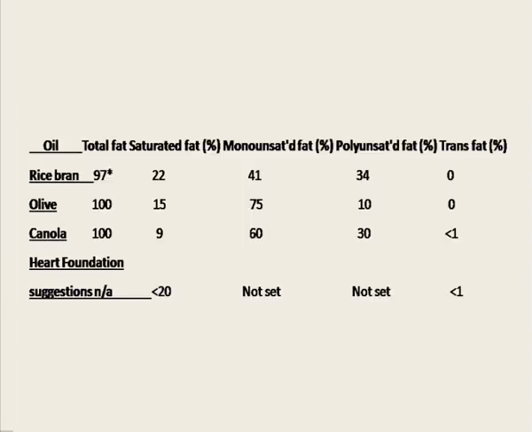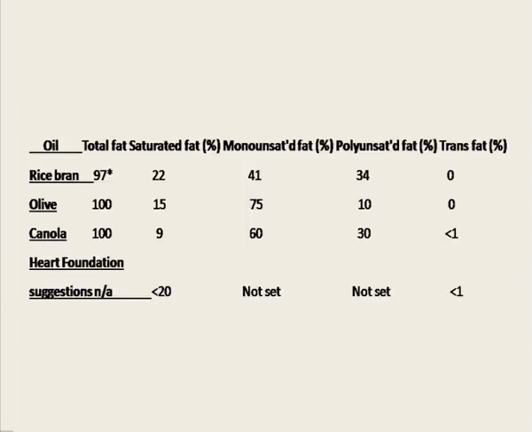Canola oil. Total fat about 100, saturated fat is 9%, monosaturated fat 60%, polyunsaturated fat 30% and trans fat is less than 1%. The Heart Foundation suggestions: not applicable for total fat. Saturated fat should be less than 20%.